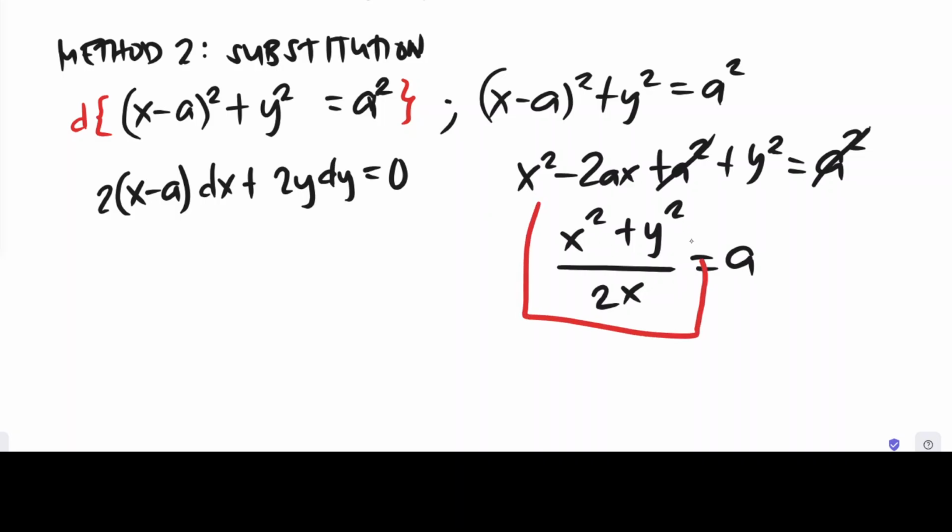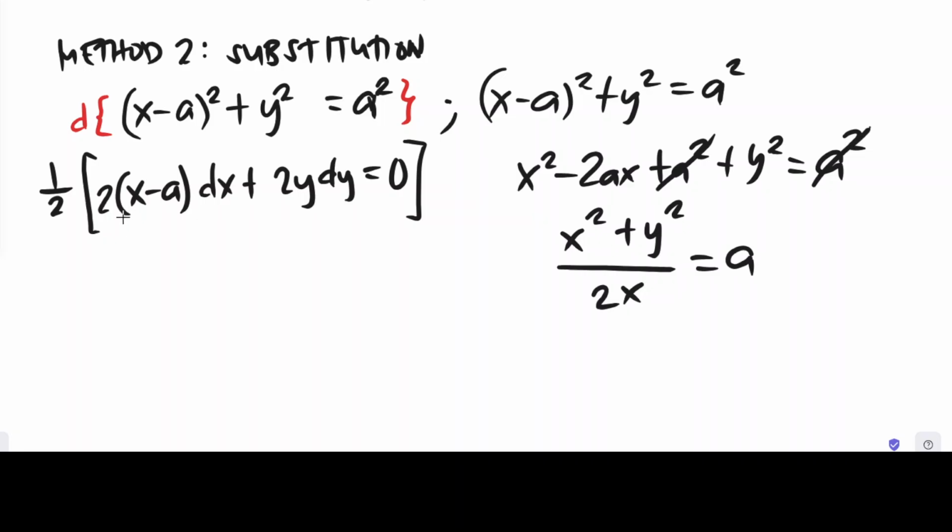So this does not contain a: x squared plus y squared over 2x, right? If we substitute this to our derived equation, we can observe that we have 2 on this term and 2 on this term. We can eliminate 2 by multiplying 1/2 to the whole equation.